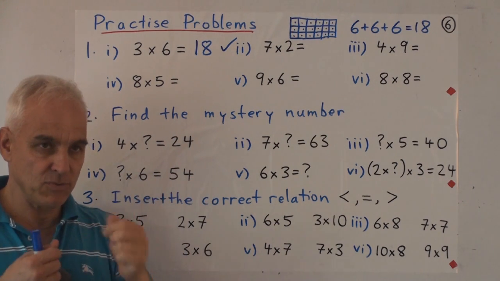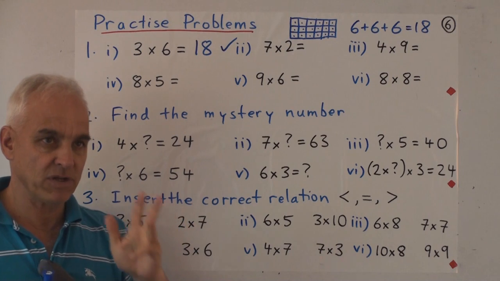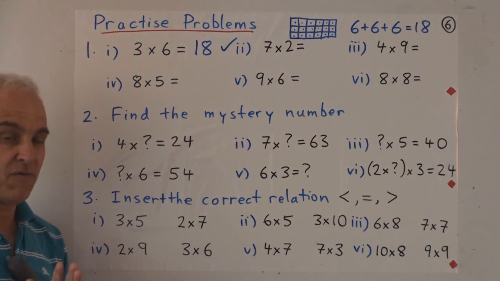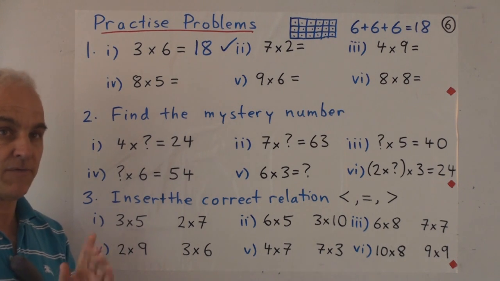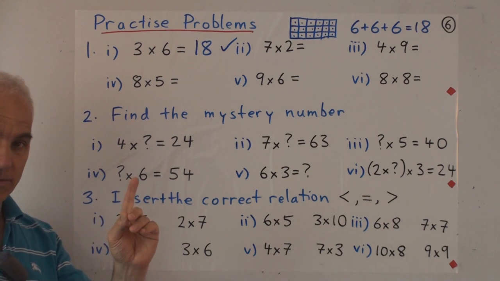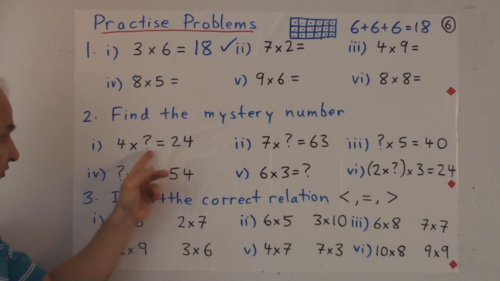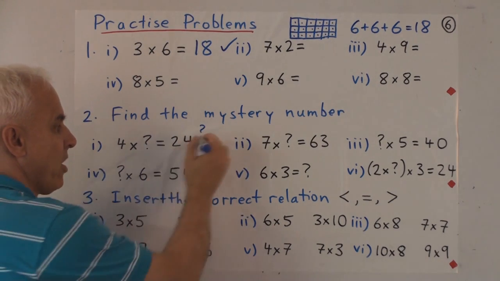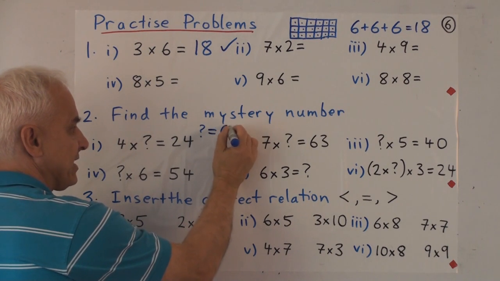You need to know that 4 times 1 is 4, 4 times 2 is 8, 4 times 3 is 12, 4 times 4 is 16, 4 times 5 is 20, 4 times 6 is 24. Okay, so 4 times 6 is 24. That means that our mystery number, question mark, is actually 6.